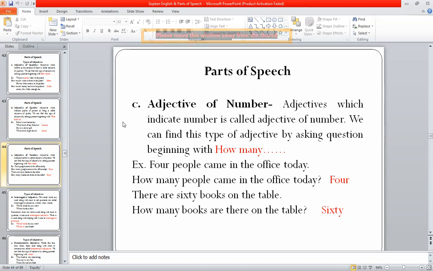How to find these types of adjectives? They are found out by asking a question starting with how many.